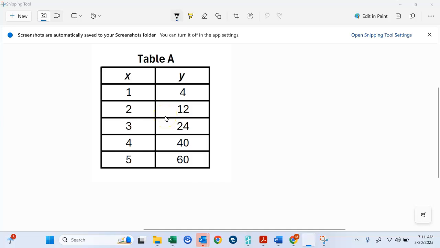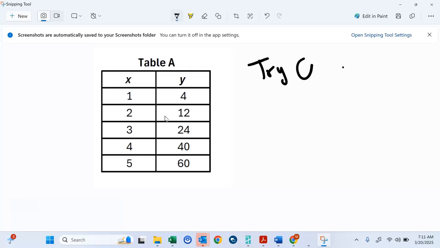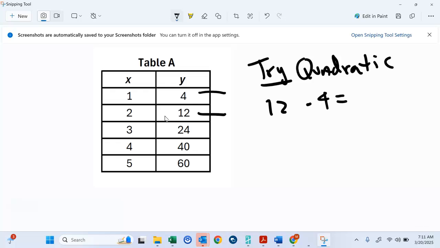Then we're going to try quadratic. Try quadratic, which is also something else, right? So what do we do with quadratic? We're going to do minus again. So we're going to go 12 minus 4 equals 8. So this is plus 8.